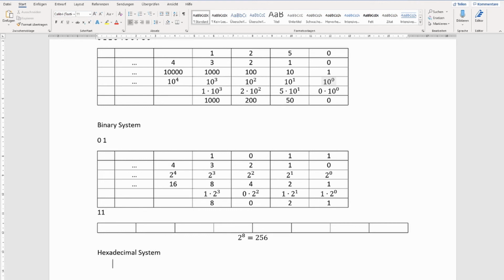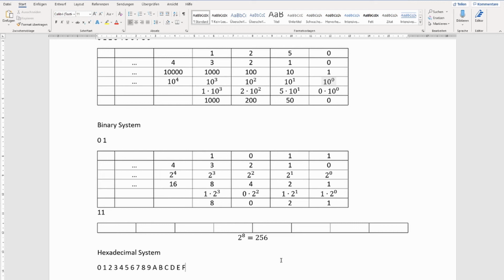Hexa is 6, decimal is 10, 16 different signs, and those signs are 0, 1, 2, 3, 4, 5, 6, 7, 8, 9. Now we ran out of digits as we know them, so we just use letters. Start with A, B, C, D, E, F.